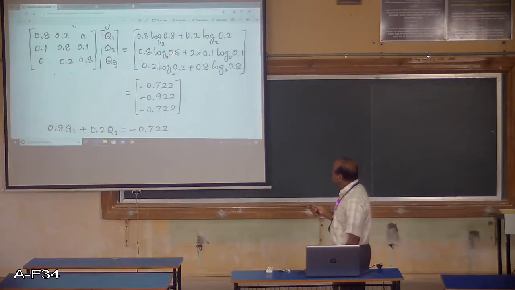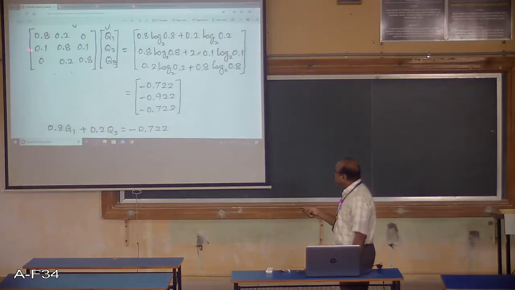Similarly 0.8 log 0.8 for this, and 2 times 0.1 log 0.1. For every row, we take the transition probability, the log of the transition probability, and add all these for a particular row of the channel matrix. Evaluation of this gives the values indicated in this matrix.